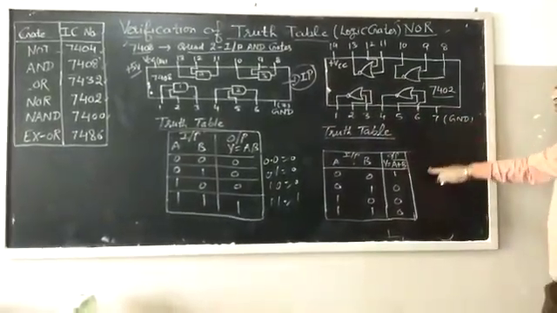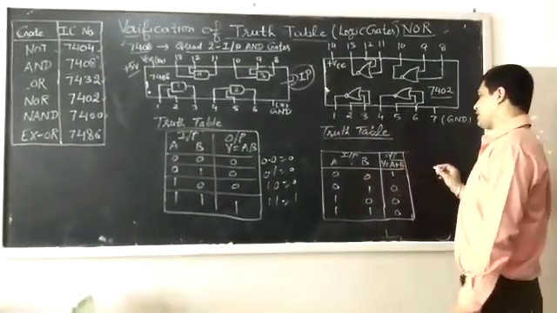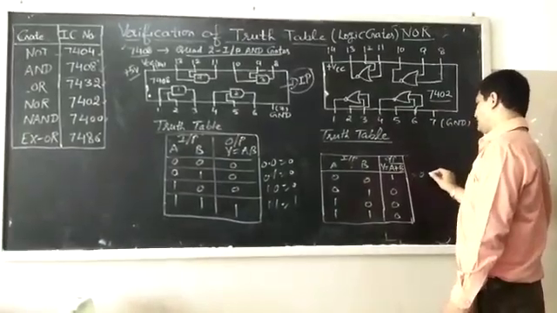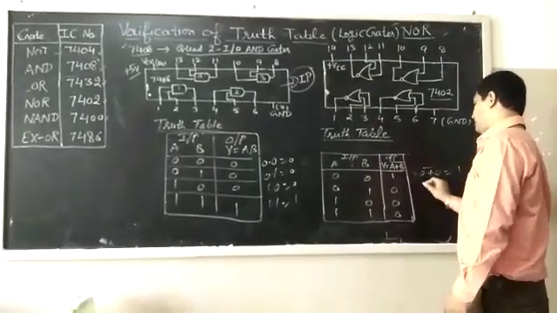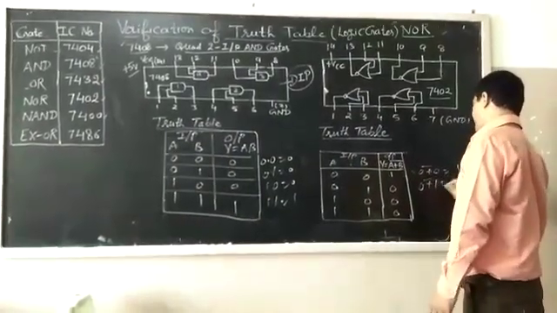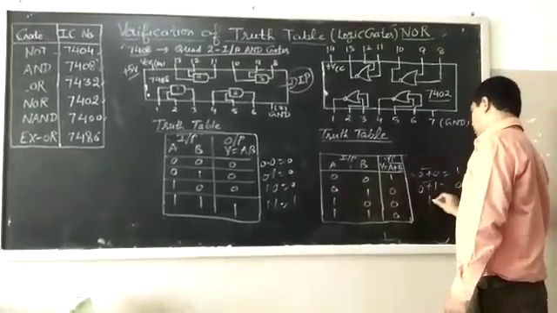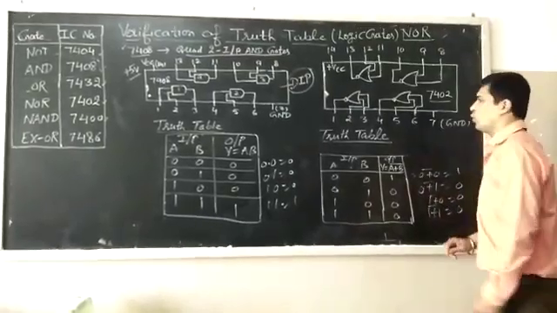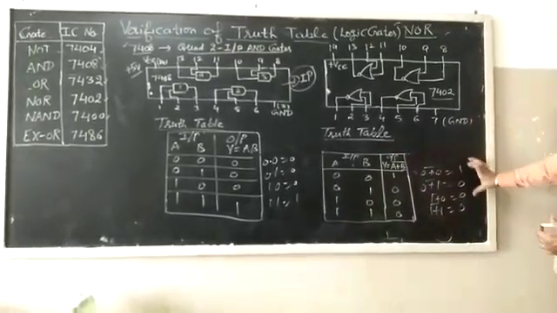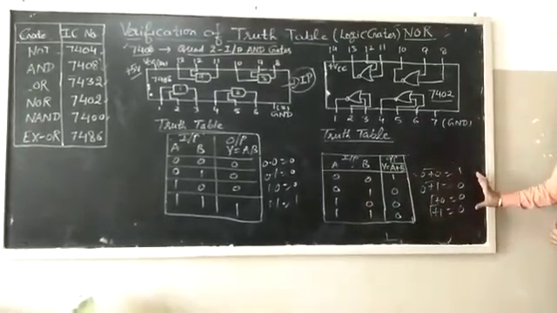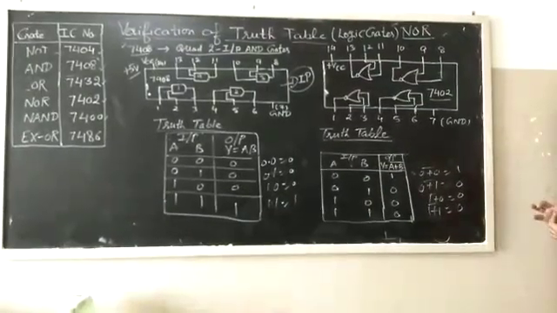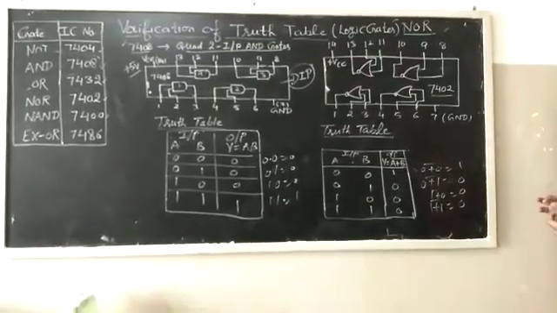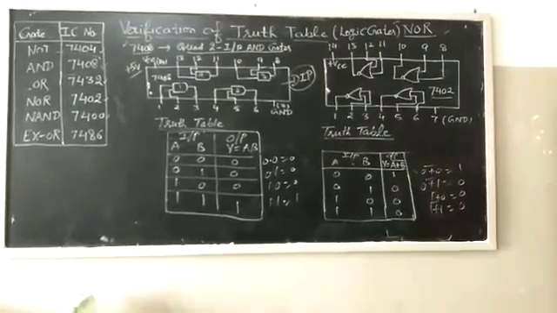So for the NOR gate, the output is Y equals (A plus B) bar. 0 plus 0 bar is 1, 0 plus 1 bar is 0, 1 plus 0 bar is 0, 1 plus 1 bar is 0. So this is the verification of the NOR gate, which we will perform by using the IC 7402.